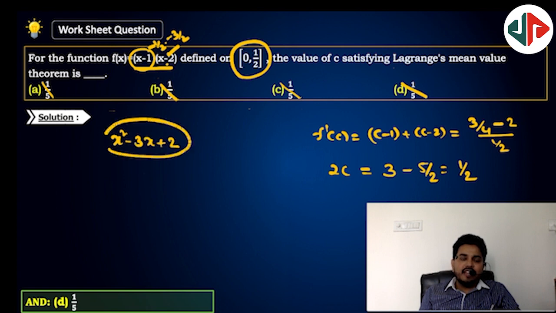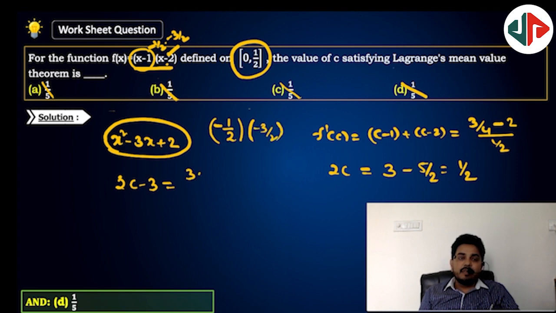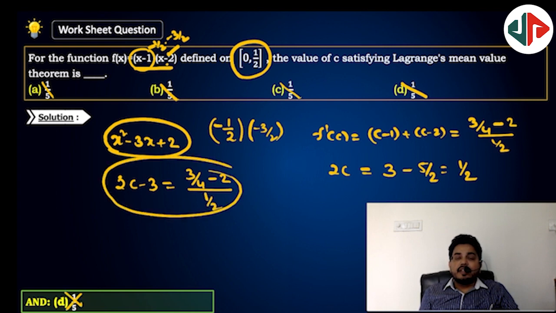When you do f dash of x, f dash of x is equal to 2c minus 3, equal to f of 1 by 2, which is 1 minus 1 by 2 with minus sign, and 1 by 2 minus 2 is equal to minus 3 by 2, that is 3 by 4, minus f of 0, which is 2, divided by 1 by 2. So this answer is c is equal to 1 by 4. C is equal to 1.